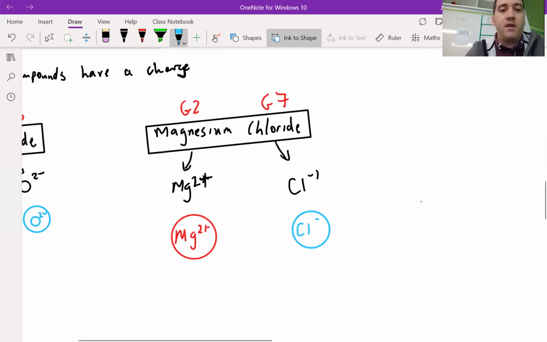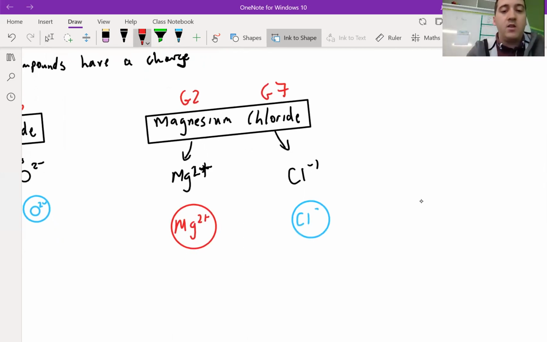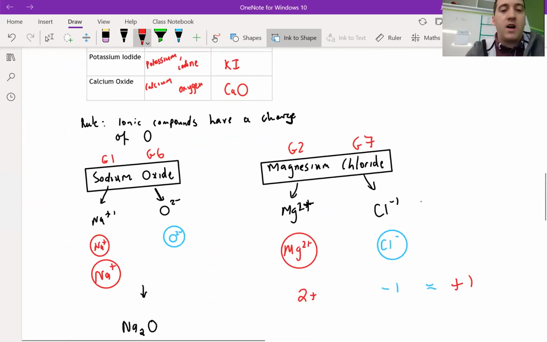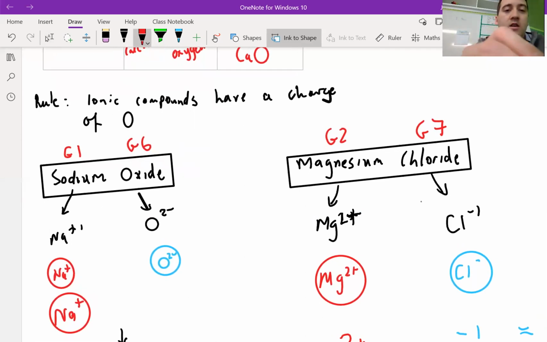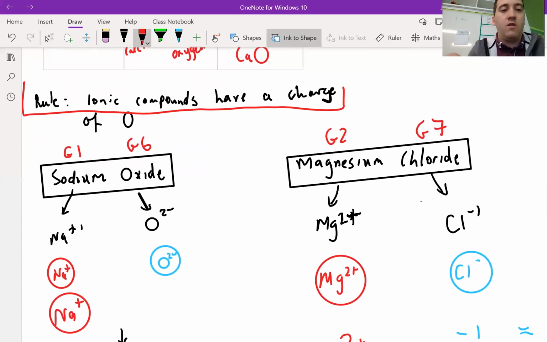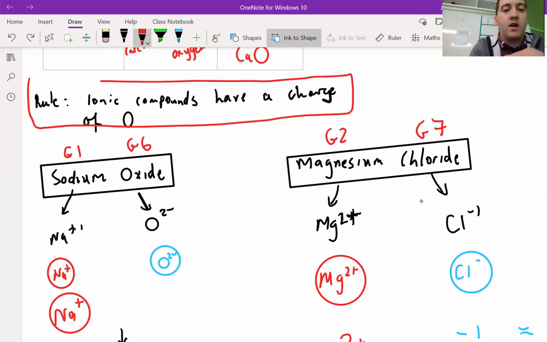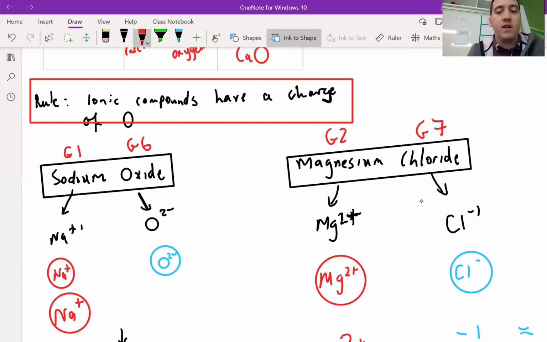And again, if I was to add these up, 2 plus with a -1 would still leave me with a charge of +1. And I can't have that because the rule is that ionic compounds have a charge of 0. That's my rule that I have to stick to. Ionic compounds have a charge of 0.